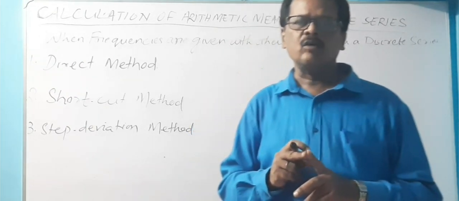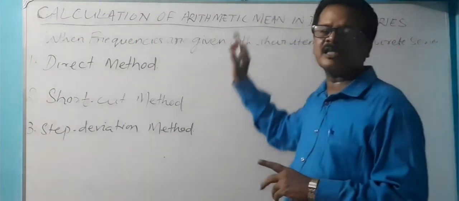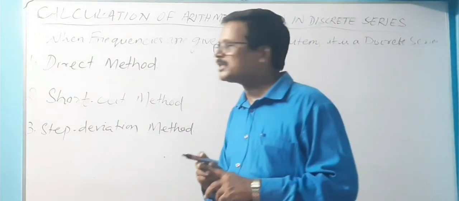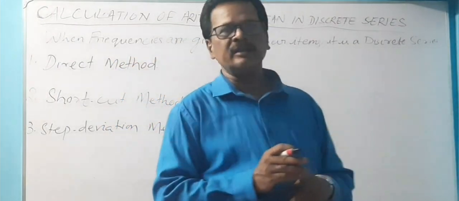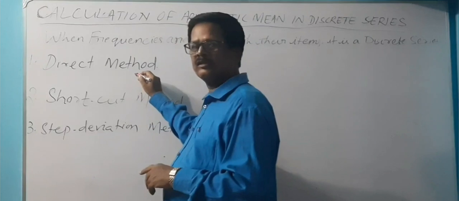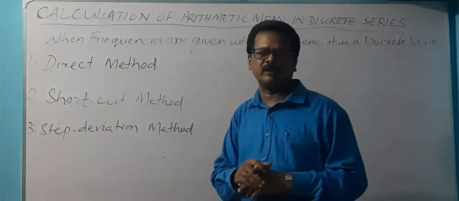Now today we will discuss how to calculate arithmetic mean in discrete series. In discrete series also, there are three methods for calculating arithmetic mean. They are: number one is direct method, number two is shortcut method, and number three is step deviation method.